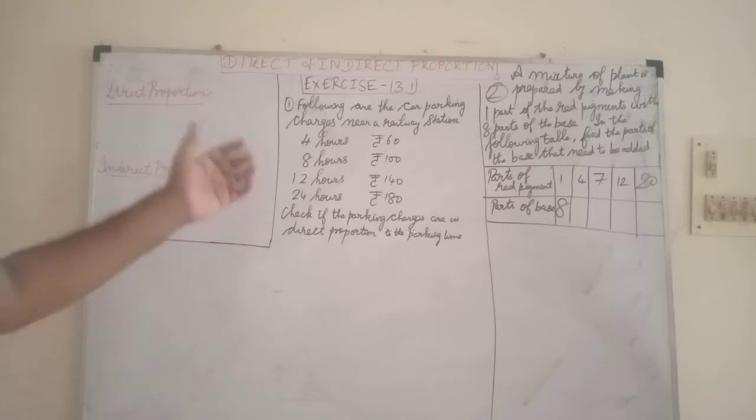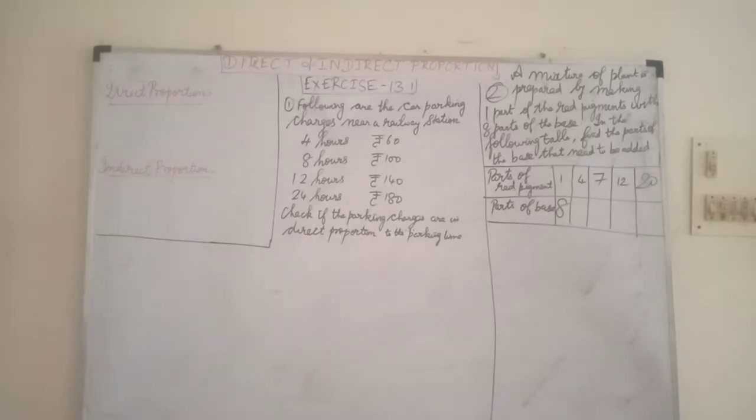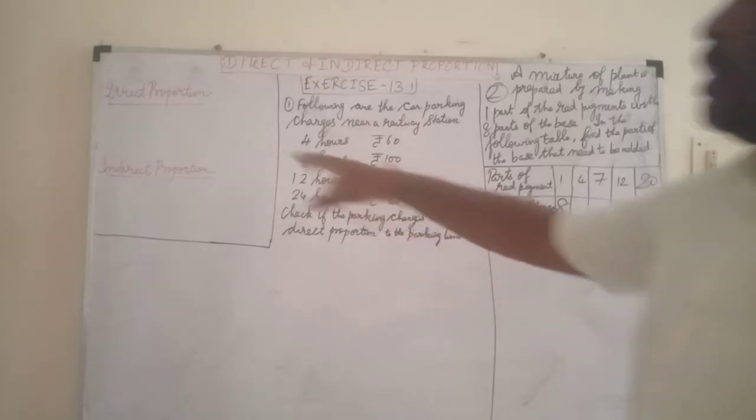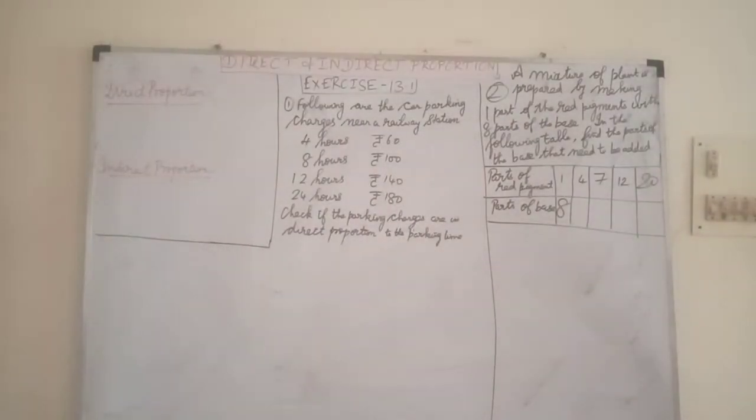Today we are going to discuss direct and indirect proportions. First, direct proportion. Direct proportion means that whatever things are being done, whether it is equal or not.